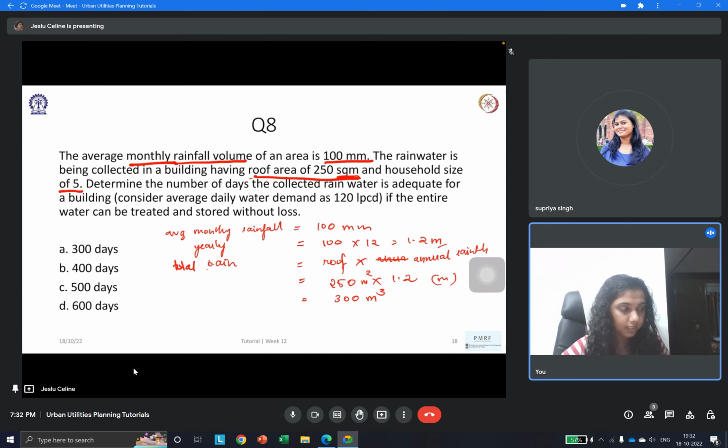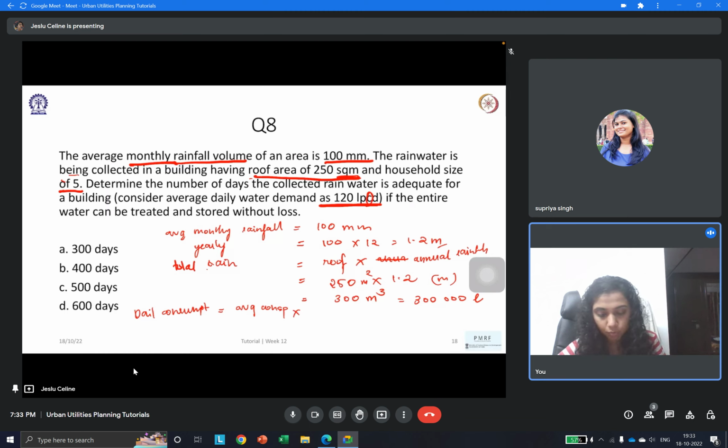Let's convert the volume into liters. Meter cube to liters is into 1,000, so basically 300,000 or 3 lakh liters. We also know the daily consumption of water. The average consumption is 120 LPCD, that is per capita, and we know that 5 people are there.